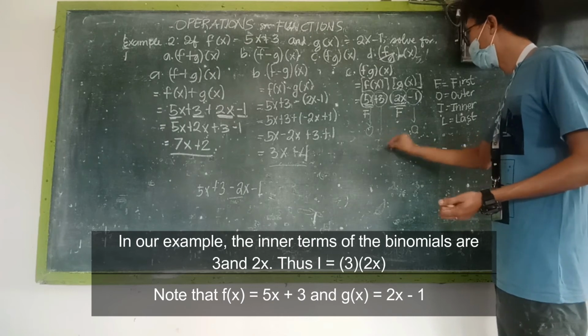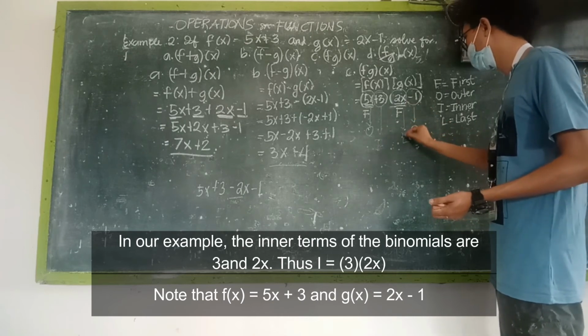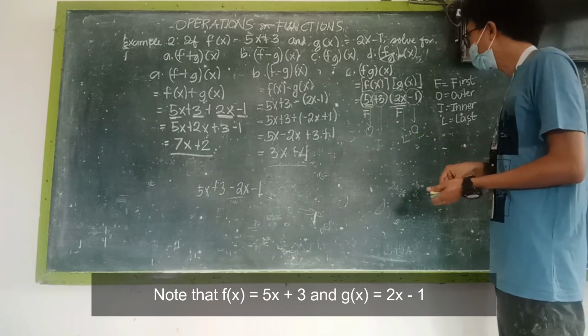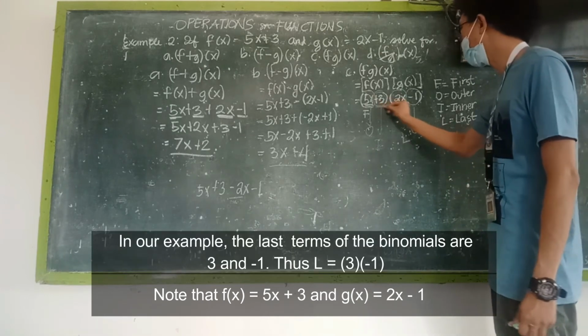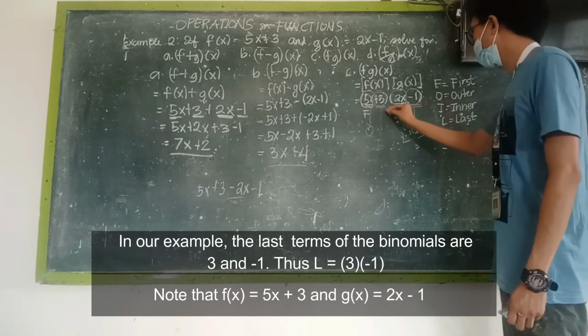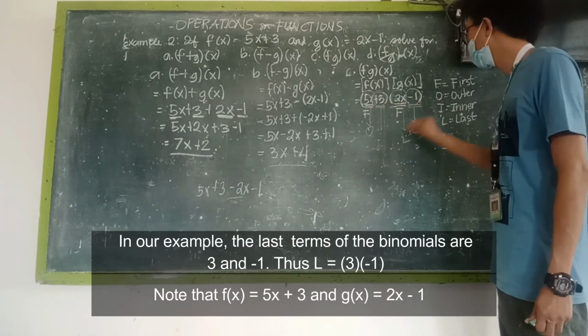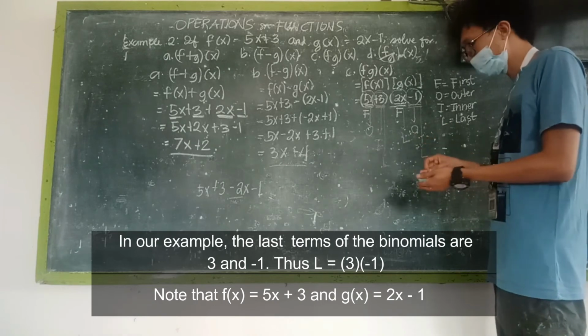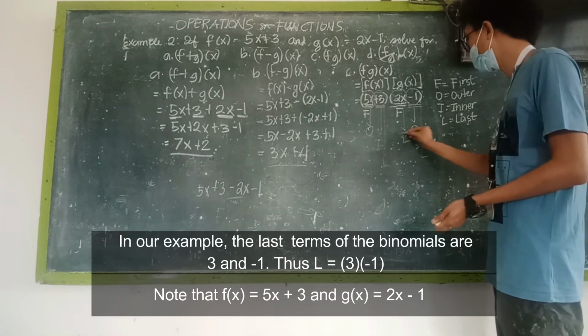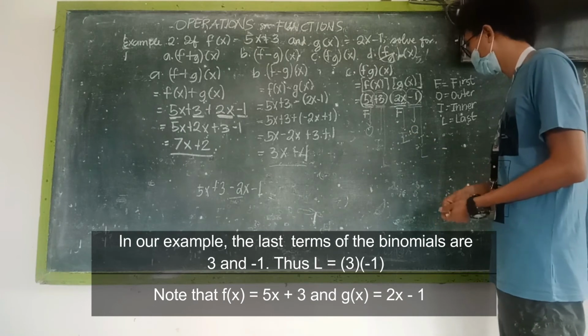This is indicated by color green. Finally, last terms of the binomial. So, itong 3 at saka negative 1. This is indicated by the grouping symbol by the color brown.